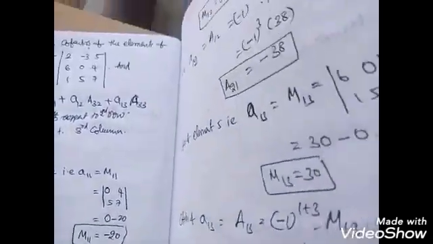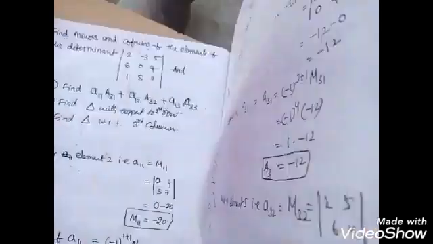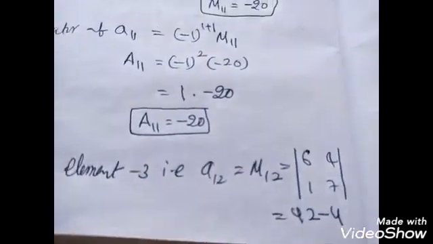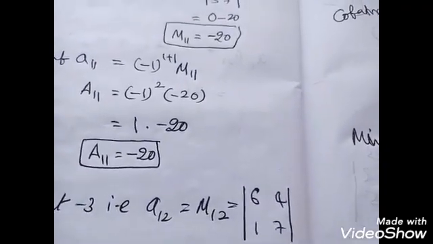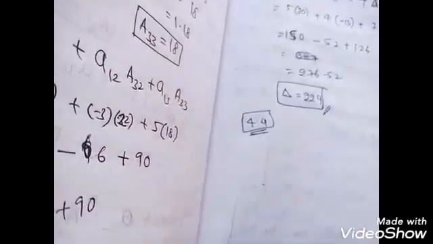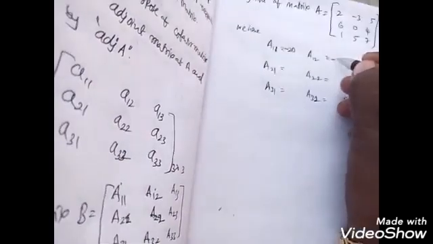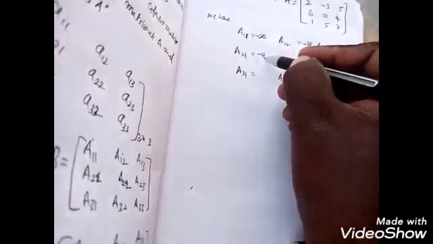Now get the values. A11 is minus 20. Next, A12 is minus 38. Next, A13 is 30. Next, A21 is minus 46.